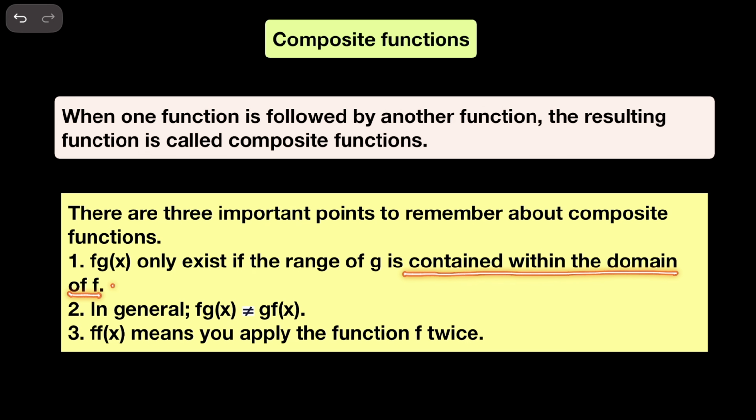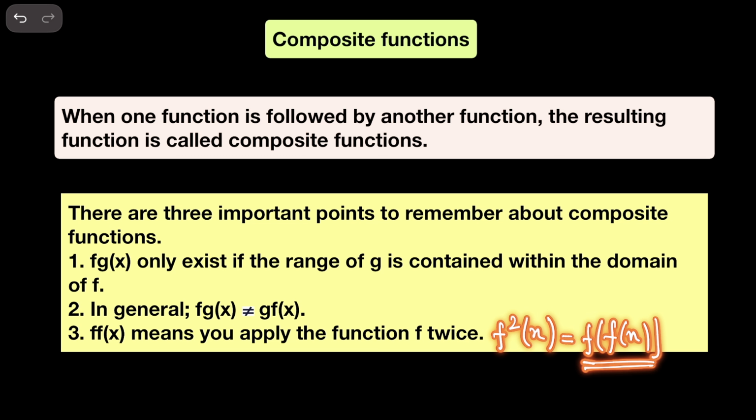We will discuss this point when we do the questions in detail, right? Second point says that in general, f of g of x will not be equal to g of f of x. Third point says that f of f of x means that you have to apply the function f twice. Sometimes it is written as f squared of x, so students may get confused. This is actually f of f of x. We will understand when we do the questions based on this, right?